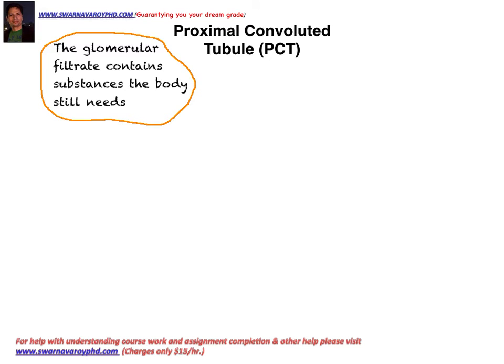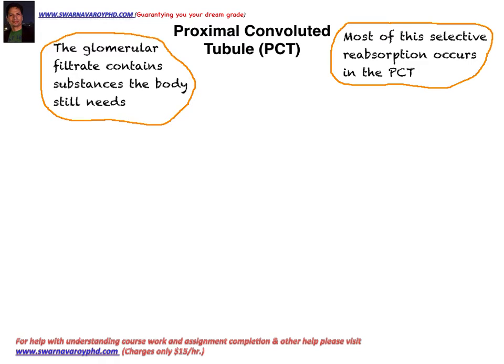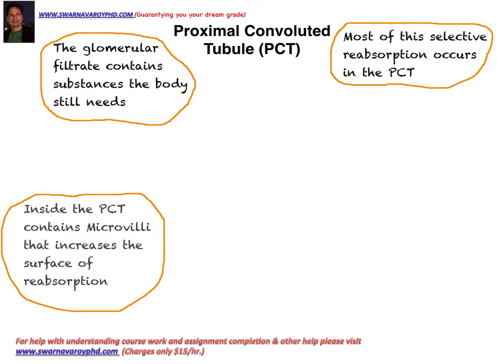You can call it an accident. It just passes out during the glomerular filtration, but the body realizes, oh my God, I need those things back, so those are taken back. So that's what I mean, that it contains substances that the body still needs. And then most of this selective reabsorption occurs in the PCT. That's the important hub where the taking back process is happening.